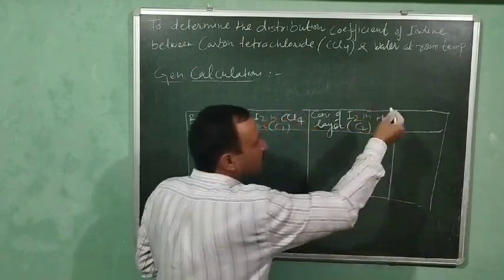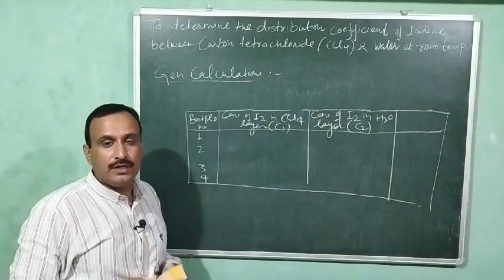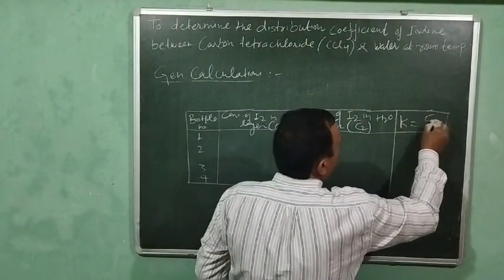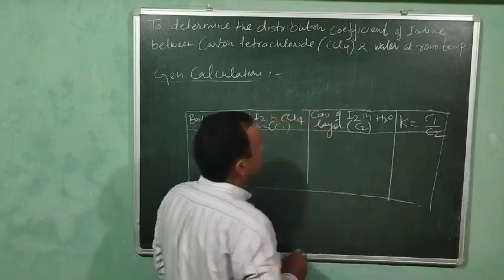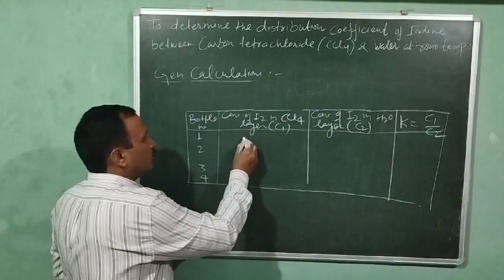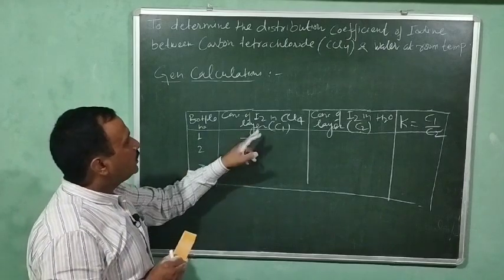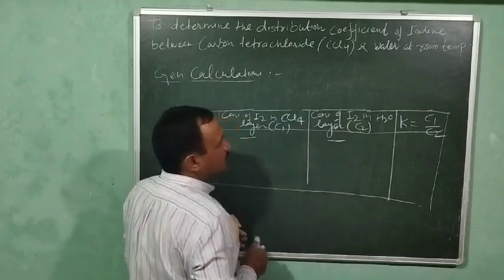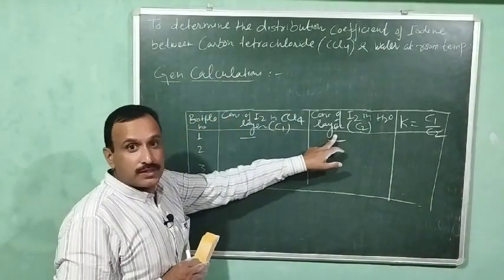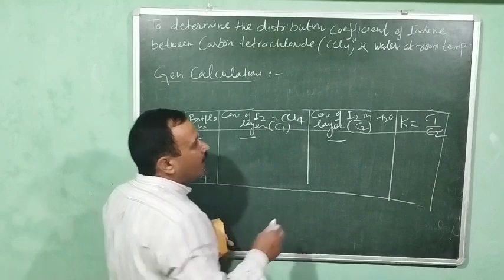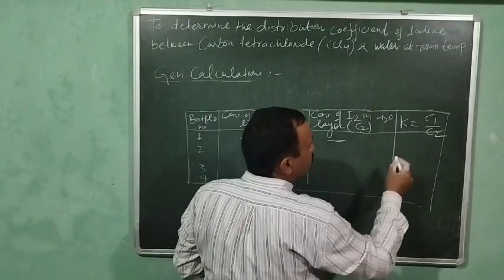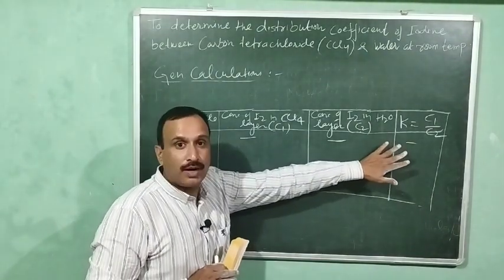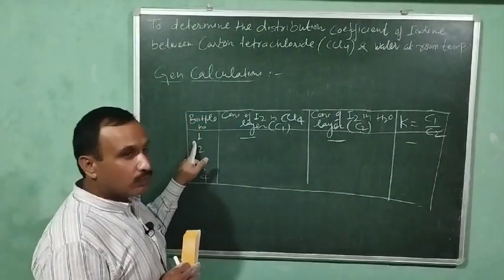And then here we will calculate the distribution coefficient or the partition coefficient of iodine, that is K. It will be equal to C1 divided by C2. So here we will have the concentration of iodine in the CCl4 layer of bottle number 1, here the concentration of iodine in the aqueous layer of bottle number 1, and then we will divide C1 by C2 to get the value of K. This will be the distribution coefficient of iodine in bottle number 1.